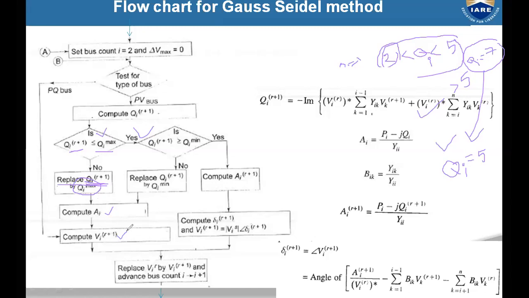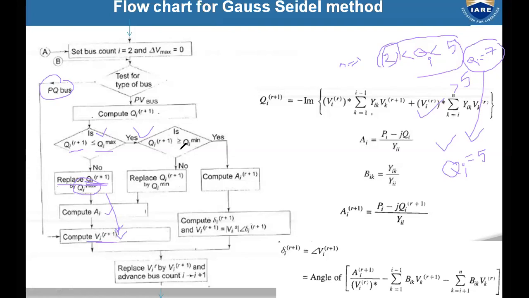In a PQ bus, what did we do directly? VI R plus 1 you calculated, right? So that is only what you are doing. If it is not within the limits, you have to set the QA value to that limit value. Then you have to compute the voltage directly as in a PQ bus.